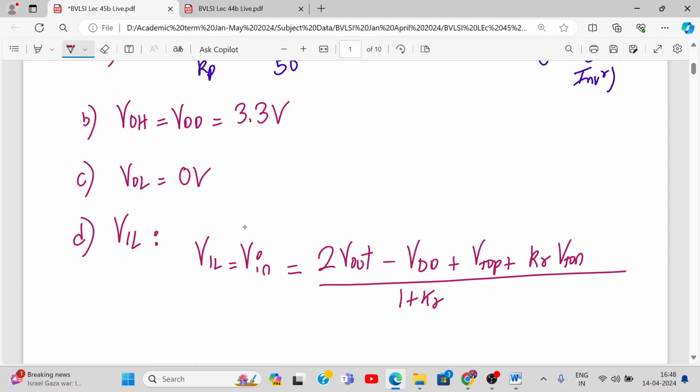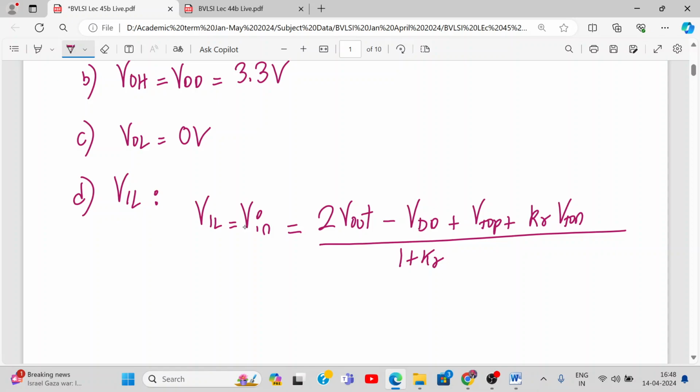So let's substitute the values now. We'll use the term V in only, and at the last step we'll say V in equals VIL. VIL is associated with V in only, don't worry about it. Alright, let's continue further.